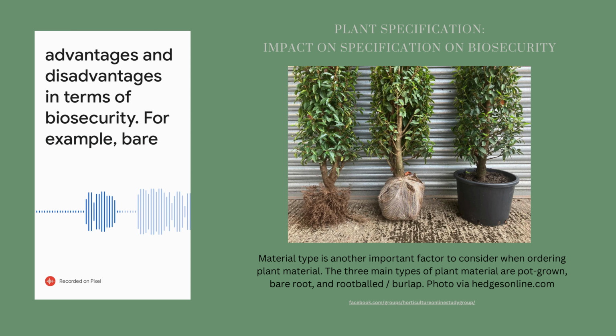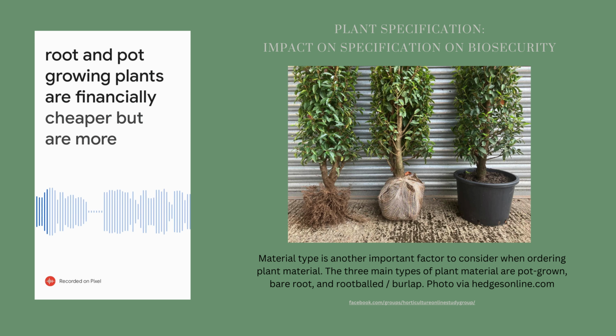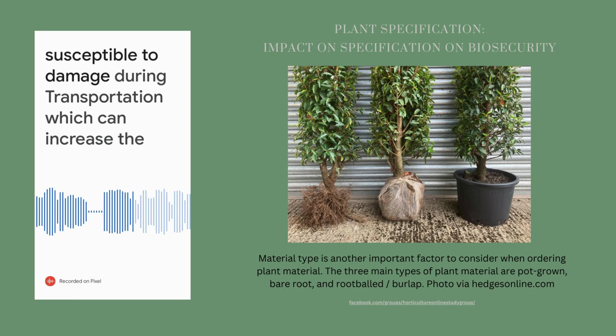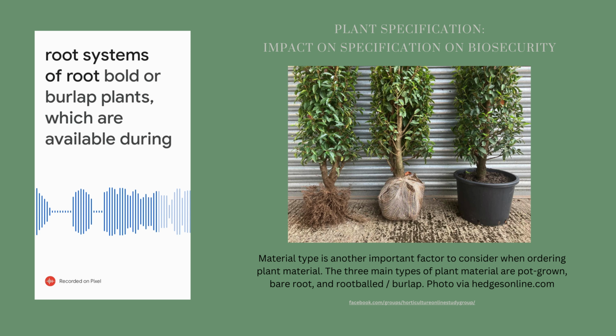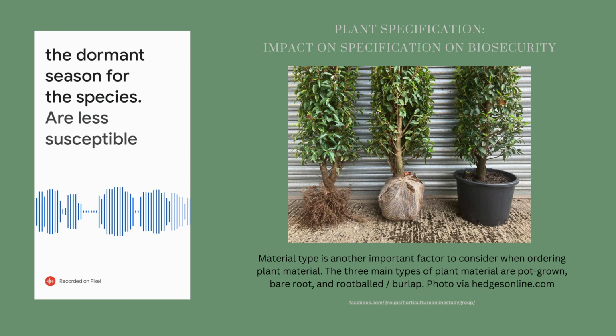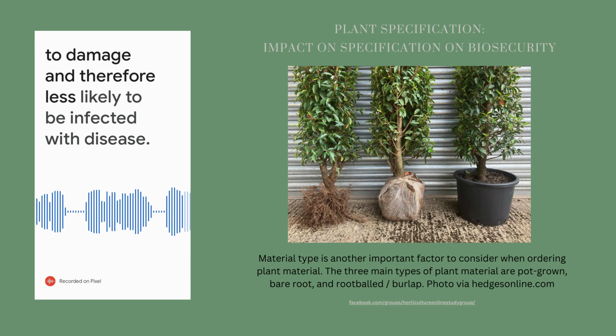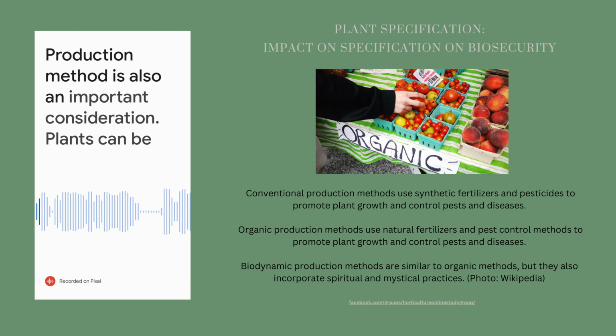For example, bare root and pot-grown plants are financially cheaper, but are more susceptible to damage during transportation, which can increase the risk of pest and disease transmission, while the well-developed root systems of root bulb or burlap plants, which are available during the dormant season for the species, are less susceptible to damage and therefore less likely to be infected with disease.